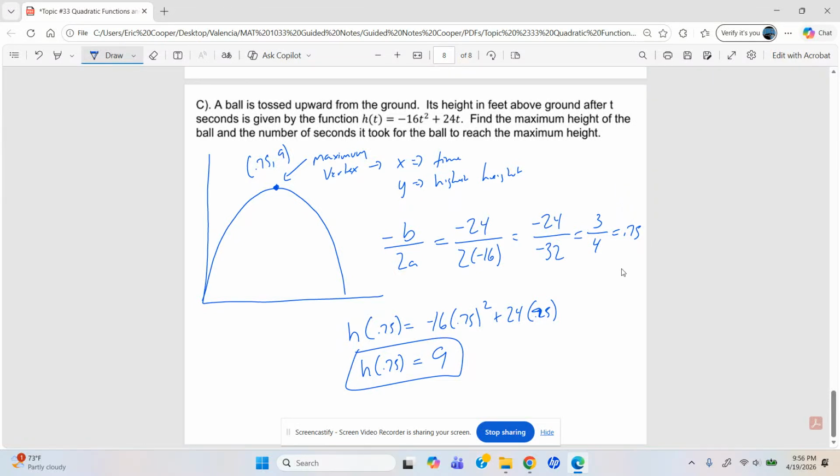The maximum height of the ball and the number of seconds it took to reach it, the time is the x-coordinate. So it took 0.75 seconds to reach a height of 9 feet in this case. So we can use that vertex formula to be able to go through and solve this.